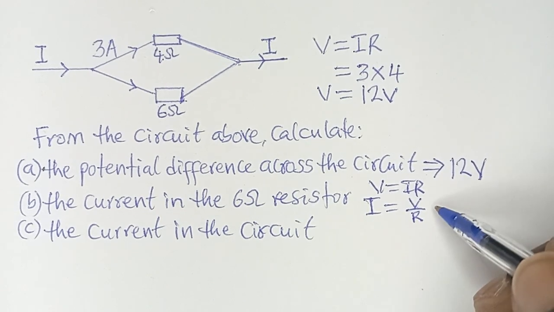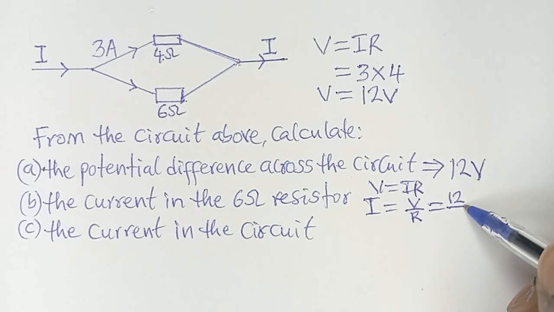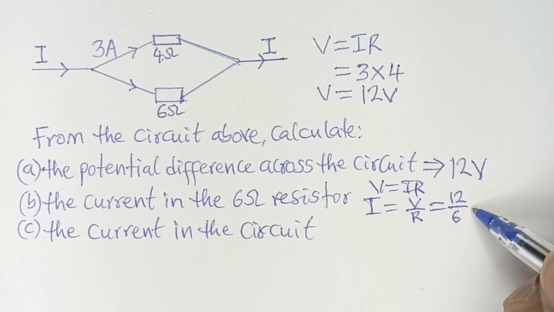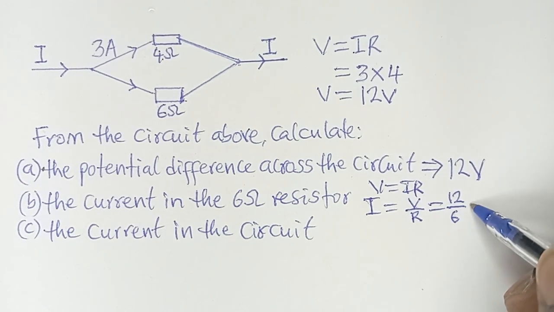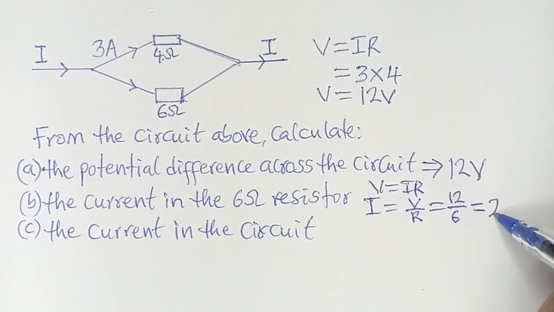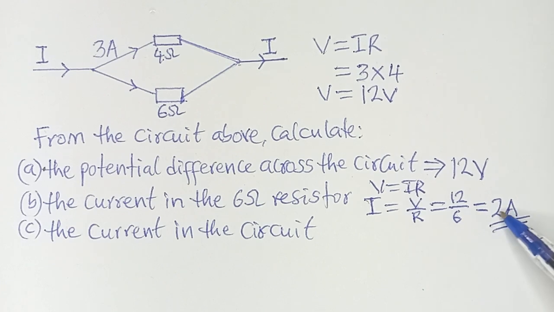And that will be equal to 12, which is the voltage through it, all over its resistance, which is 6. And that will give us the current through it as 12 over 6, which is 2 ampere. So this is the current through the 6 ohm resistor.